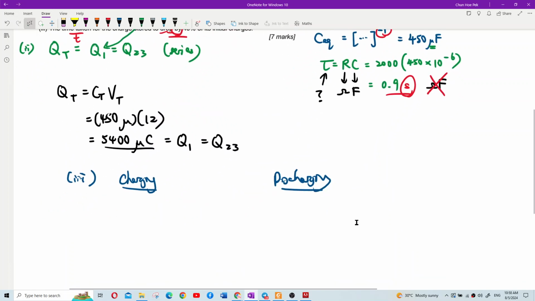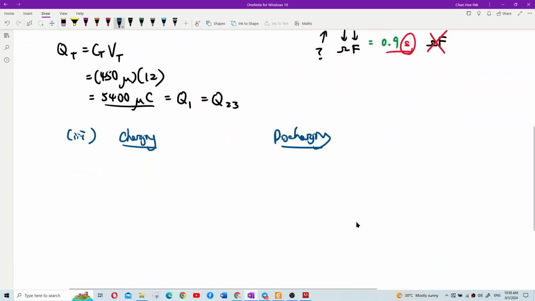Do some revision. For this subtopic, charging and discharging capacitor, we concern with 3 quantities: charge, voltage, current. And we have 2 equations, 1 minus exponent and exponent. Do you remember which one uses which equation? Many of you don't remember.